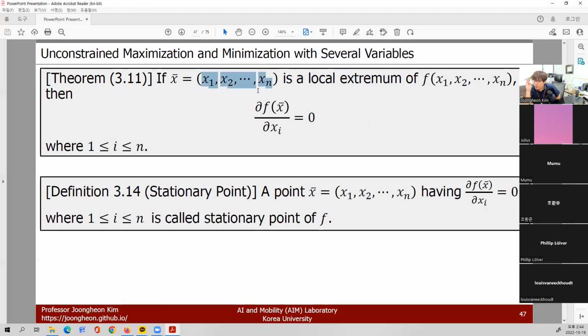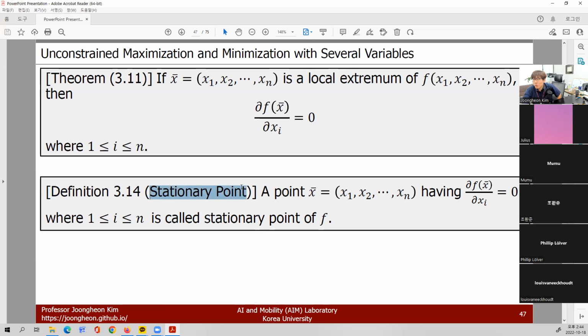Then that will be the top or the bottom of the given function in all directions. So if the function is n-dimensional, then you have to do the partial derivation with n possible variables, and all partial derivative values should be 0. That point will be the local extreme, okay?